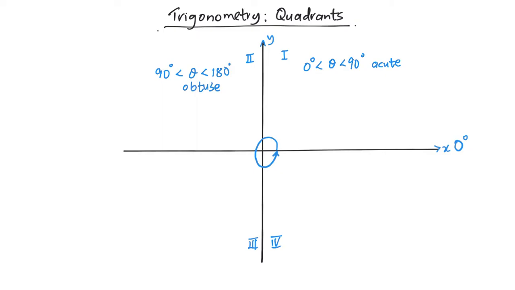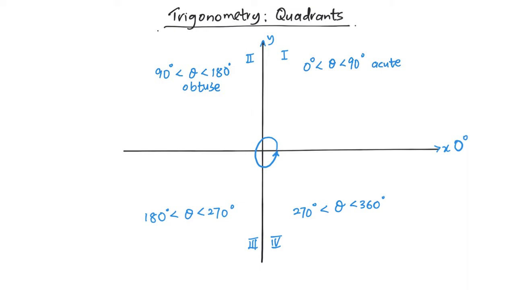Alright, and it continues now. Third quadrant, of course, the angle will be less than 270 degrees and bigger than 180. And the last, fourth quadrant, the angle will be less than 360 degrees and bigger than 270. Okay, so now this is where the angle will be located.